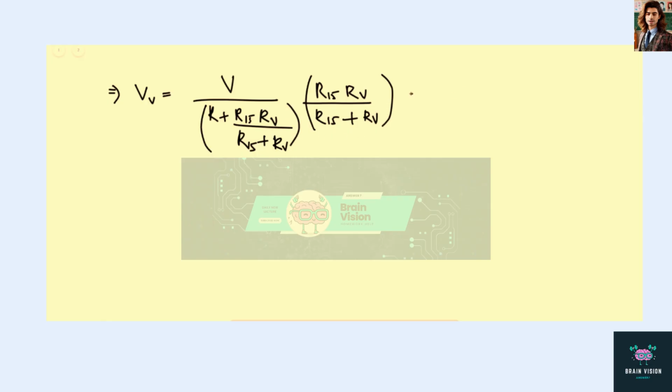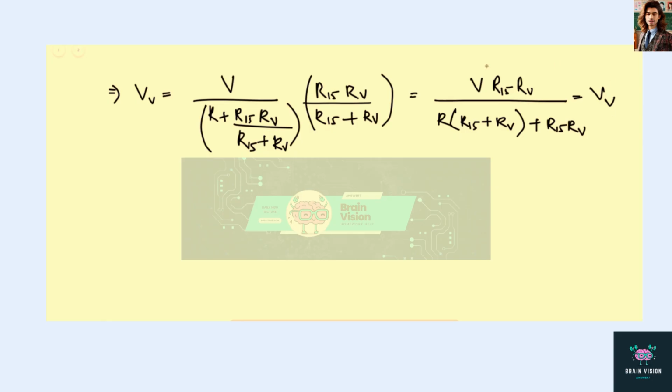Simplifying this, basically I'll multiply all the terms and we'll arrive at this expression, which is equal to VV.